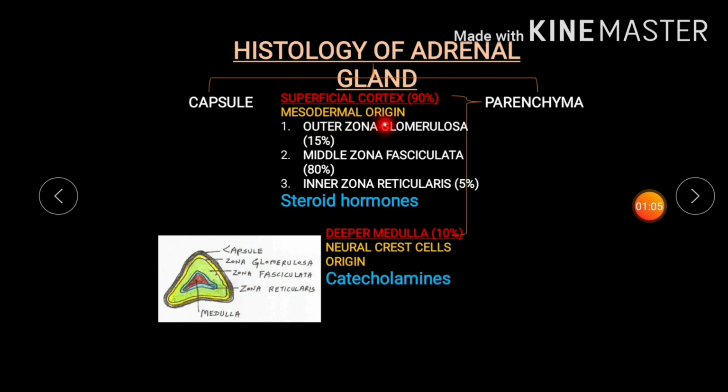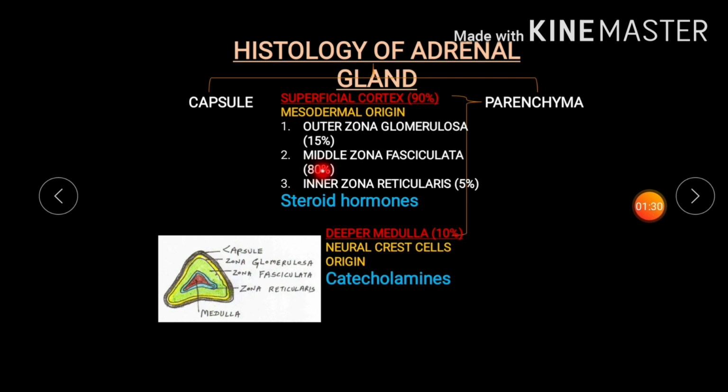Now the cortex is again divided into three portions from outer to inner aspect. First, the outer portion is known as the zona glomerulosa, comprising 15% of the weight. The middle portion is known as the zona fasciculata, which has approximately 80%, and the most inner aspect is known as the zona reticularis, carrying 5% of the weight.